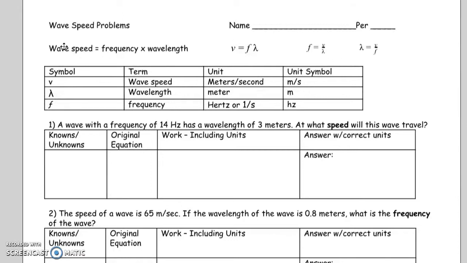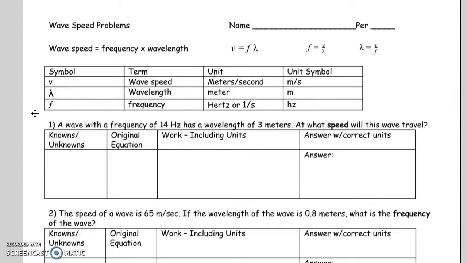So first of all, you can see this symbol V. The term that goes with that is wave speed. We measure the wave speed in meters per second, and our symbol is m/s. This little lambda symbol stands for wavelength, and the wavelengths that we will be using for these problems are meters, and our unit symbol will be the m.